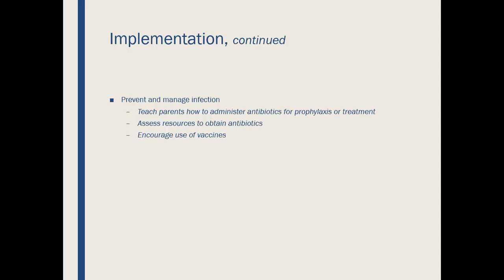Encourage the use of vaccines, like the pneumococcal vaccine, which is given to all infants and children. Your HIB is the Haemophilus influenzae type B vaccine. This is started at 2 months of age and continued at recommended ages. Also to prevent another common source of infection, which is flu.